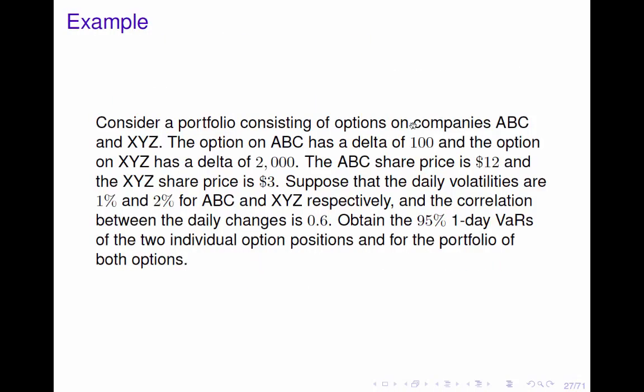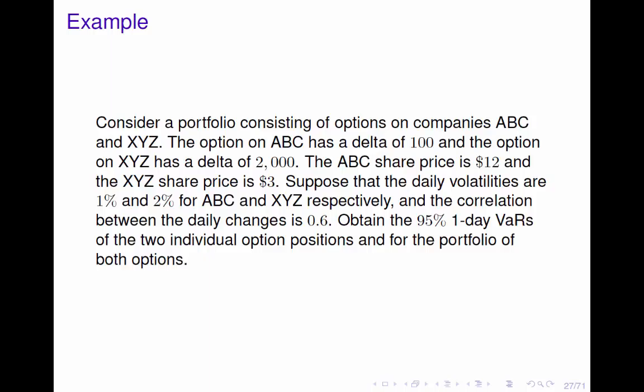Now let's take a look at an example. Consider a portfolio consisting of options on companies ABC and XYZ. The option on ABC has a delta of 100, and the option on XYZ has a delta of 2,000. The ABC share price is $12, and the XYZ share price is $3.